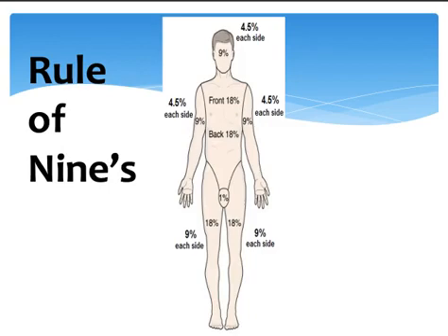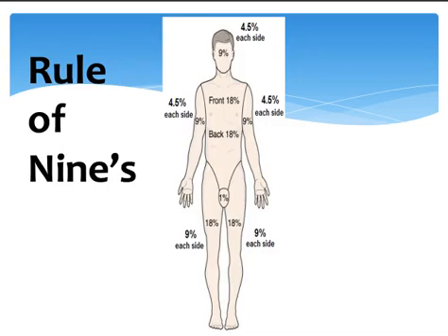So let's start at the top. Let's refresh. Head and neck. Remember, we're talking about all the way around, 9%. Anterior trunk or anterior chest, 18%. Posterior trunk, 18%. Right arm, all the arm is 9.